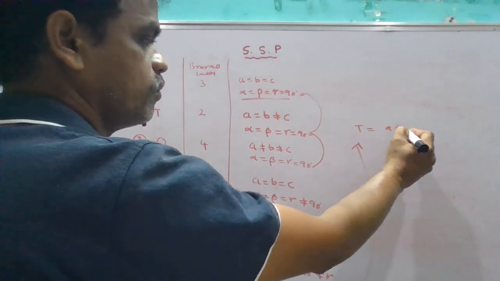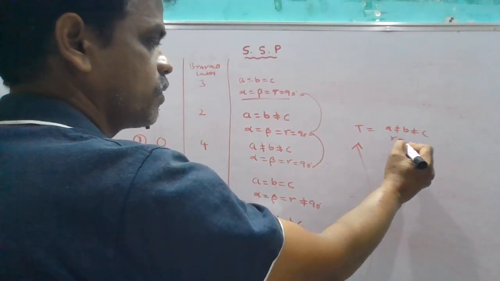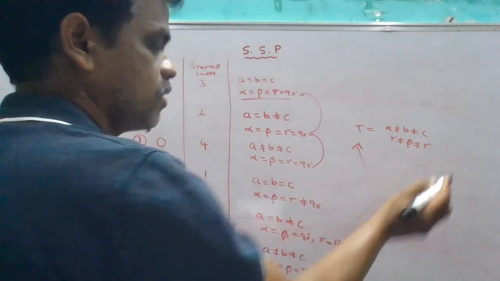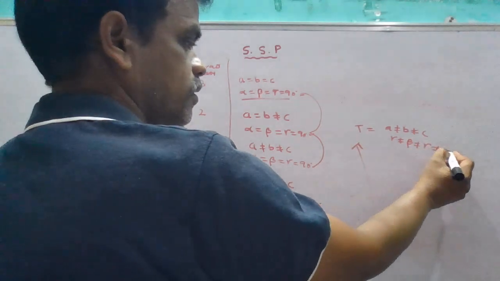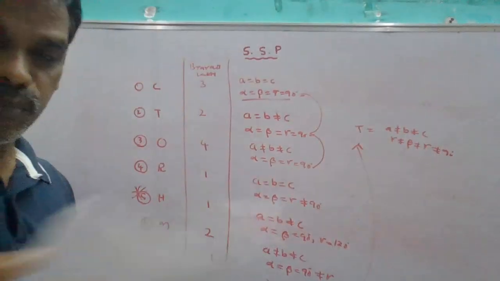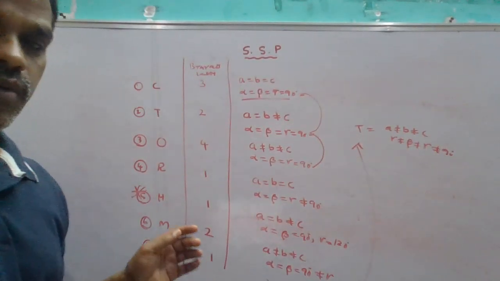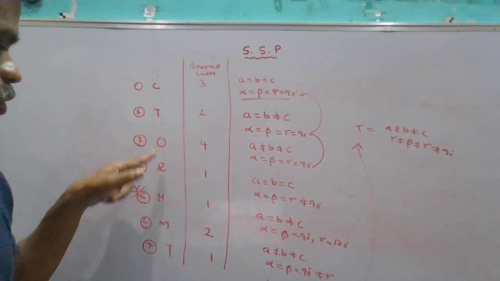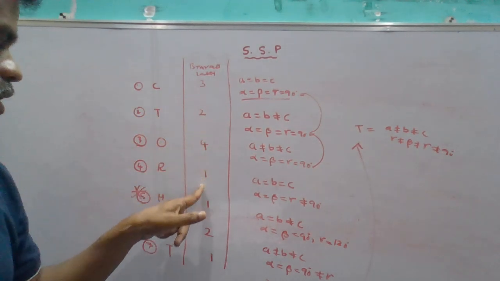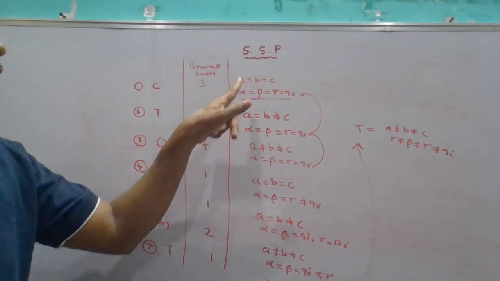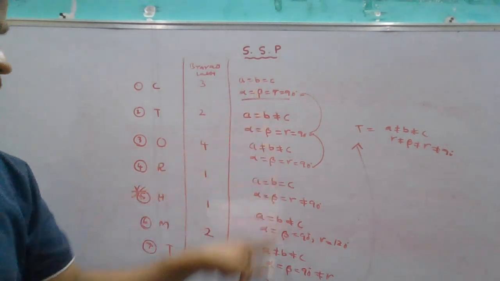A not equal to B not equal to C, alpha not equal to beta not equal to gamma, not equal to 90. These are the simple technique. Here you can remember CTORHMT and 3 2 4 1 1 2 1. So these are the unit cell characteristics.